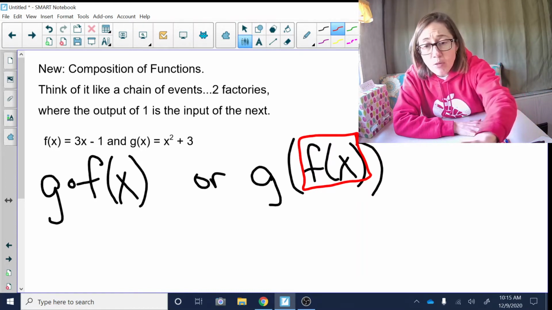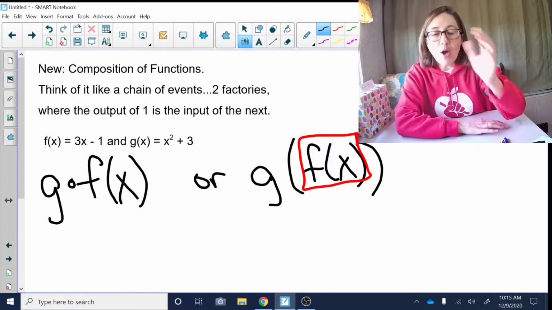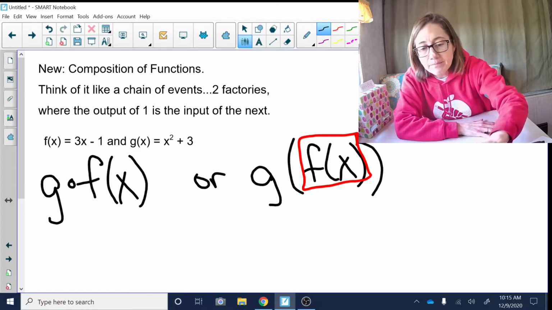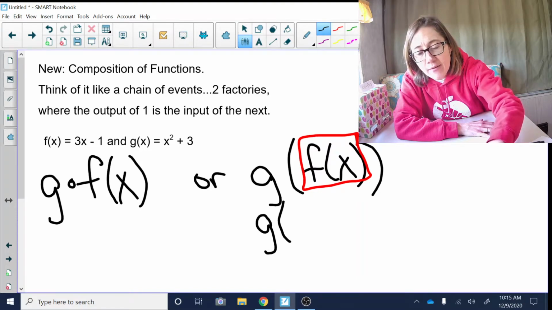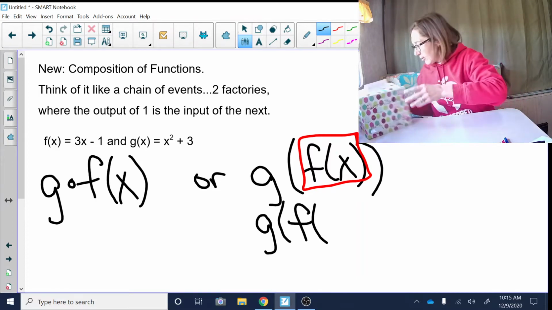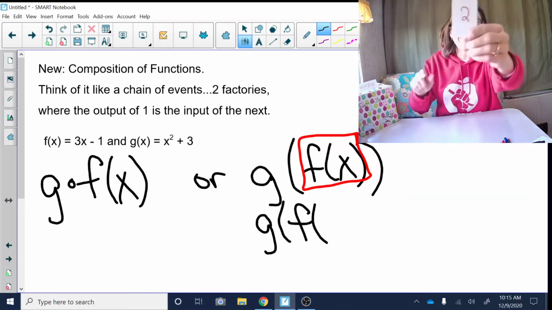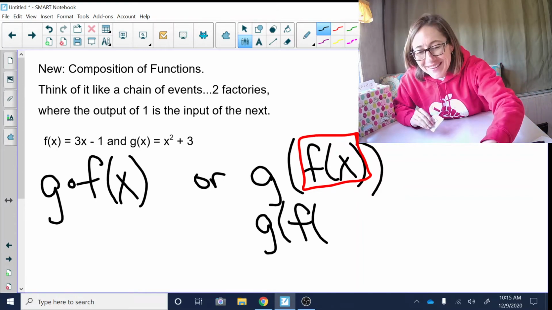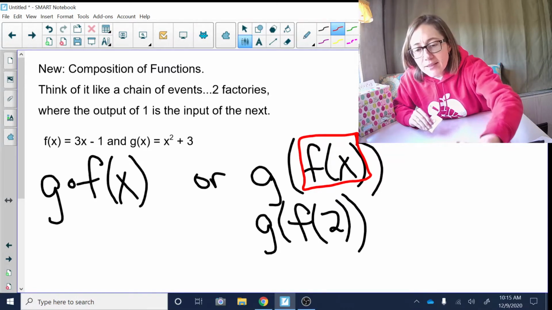So let's go through what we just did with our factories on paper or screen here. So what we found was g of f of, oh no, what did I put in? I think I put in a 3? No, a 2. Okay, 2 was my original input. So a 2 went in for f of x.